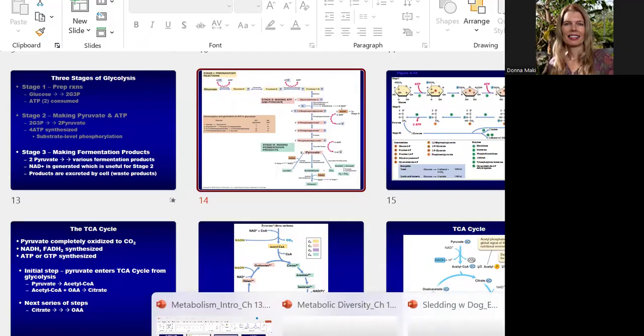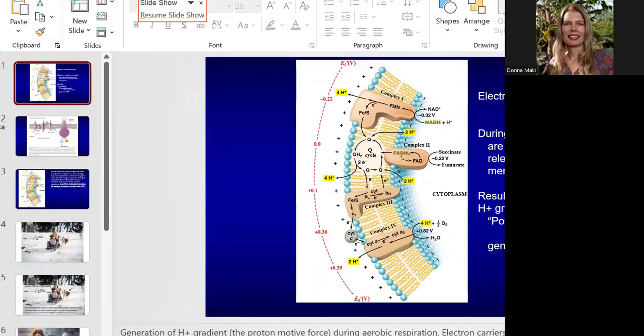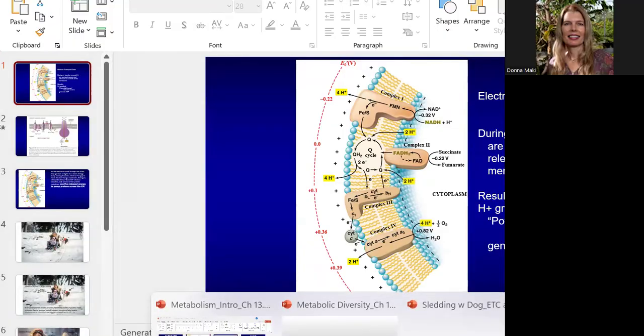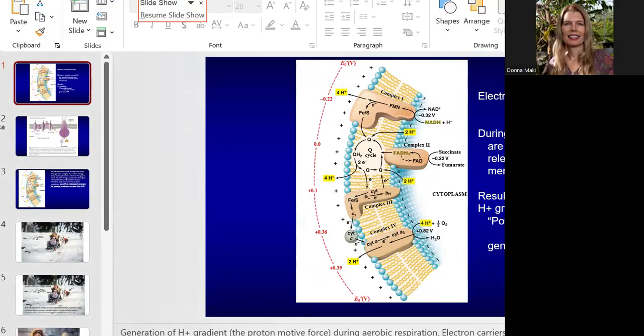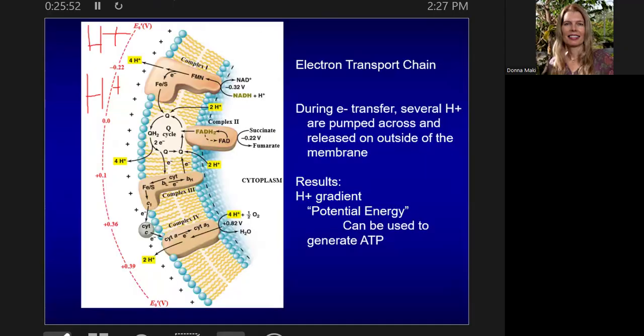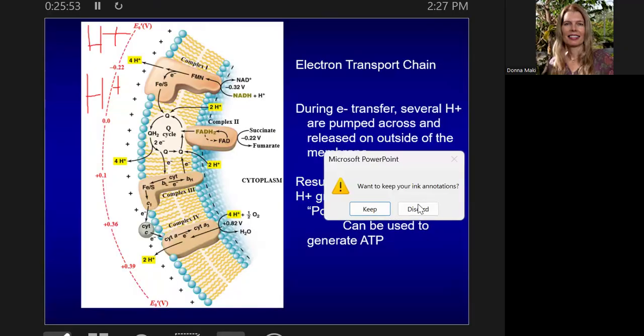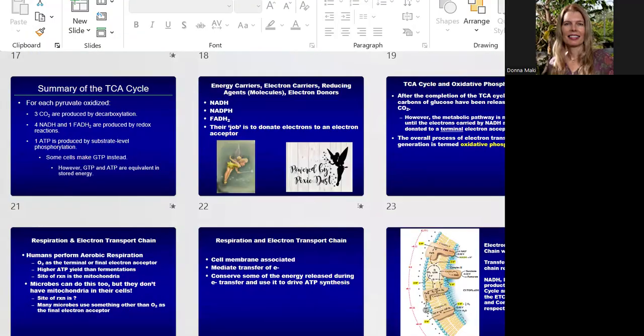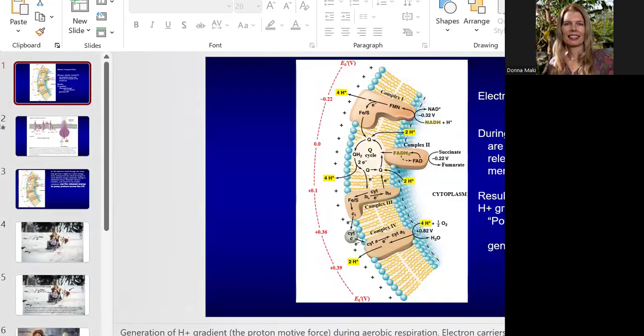But when I was first learning this, let's see, where did it go? Well, now it won't let me get to it.